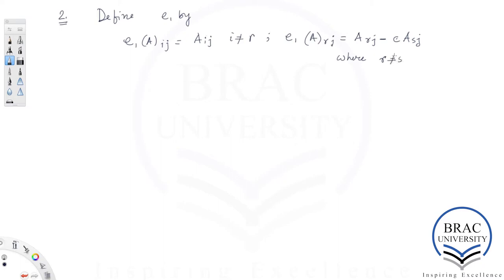For this type, define E1 by E1 of Aij is again the same as Aij if I is not equal to R, and E1 of Arj is equal to Arj minus C times Asj, where R is not equal to S and C is any element from the field F. Okay, so these multiplications are well defined.